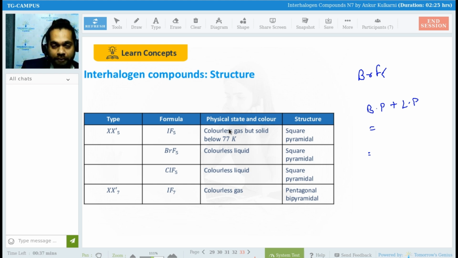Sadhana, I'm asking about geometry and not a shape.